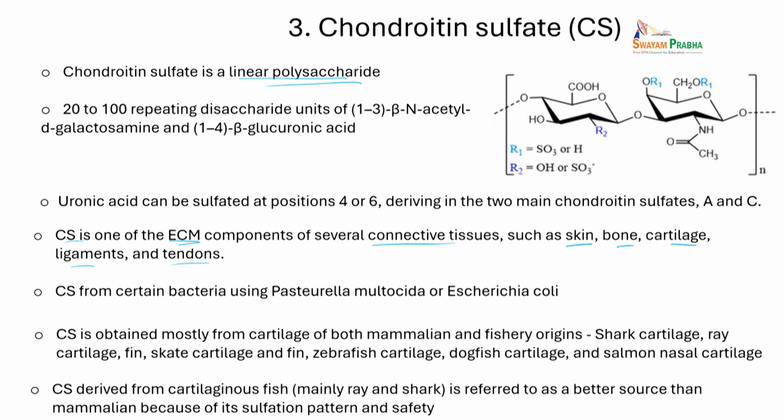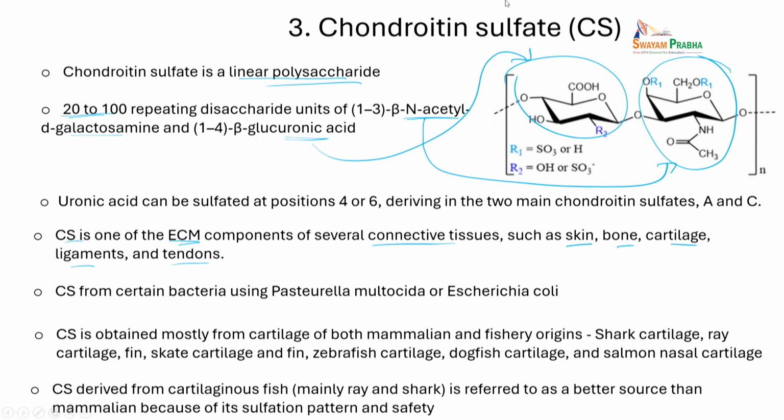More specifically, if you look at the number of repeating units, typically you have about 20 to 100 repeating units, and each contains a dimer of N-acetyl galactosamine and glucuronic acid. You can see that this term is N-acetyl galactosamine, and this is your uronic acid.